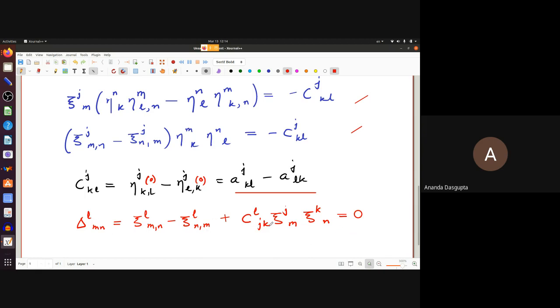We are going to use this equation to reconstruct the group from the structure constants later, so this is going to be useful there. Delta lmn is basically this equation where the two etas have been taken to the other side by using the inverses as xi's. And you have, of course, brought the minus Cjkl times xi term to the other side. And you are calling this whole thing delta lmn, which is a function of alpha which identically vanishes.